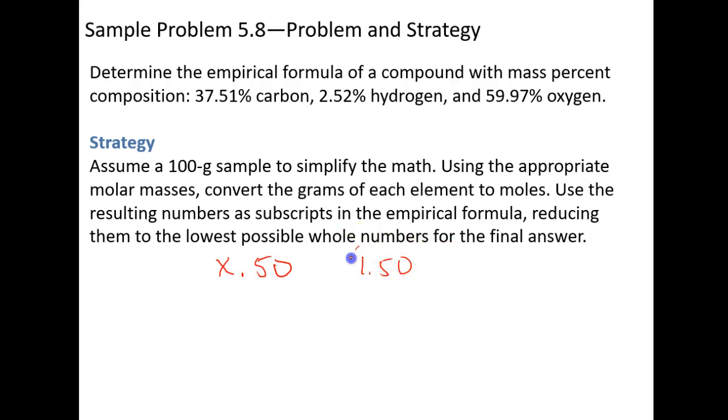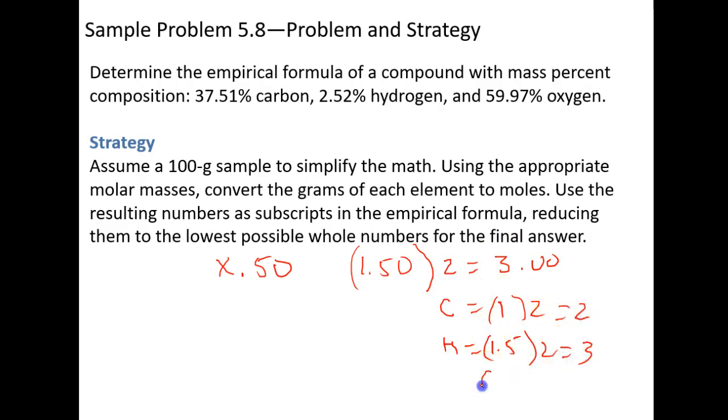So you need to multiply this by the lowest number until it gives you a whole number, which would be the number 2, which gives you 3. So if you were to get a carbon that equals 1 and a hydrogen that equals 1.5, you have to multiply everything by the number 2 so that you get whole numbers. So your formula would be C2H3. Okay? I hope that makes sense.